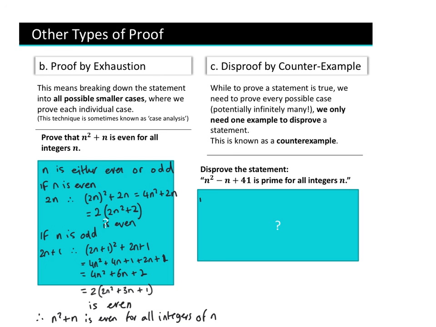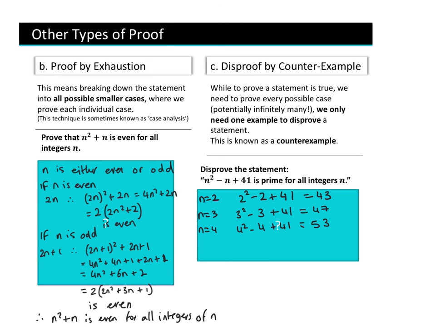So for example, let's try n equals 2. 2 squared minus 2 plus 41 equals 43, which we know is prime. Okay, so that one doesn't work. Let's try n equals 3. 3 squared minus 3 plus 41 equals, so we get 9 minus 3 is 6, get 47. Okay, that doesn't work. We're going to try n equals 4. 4 squared minus 4 plus 41 equals 53.